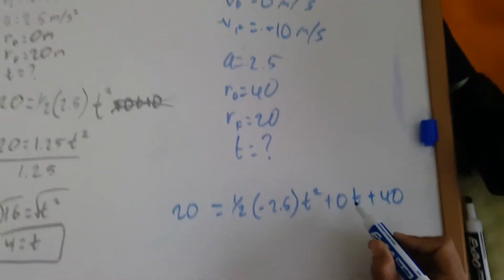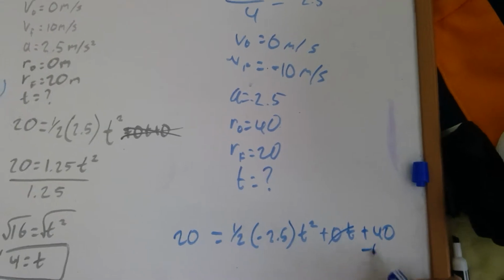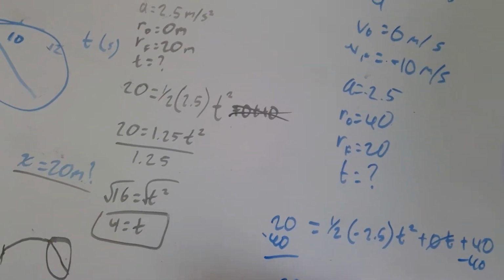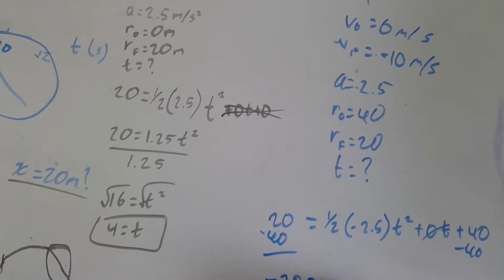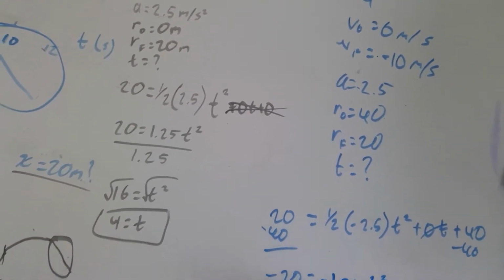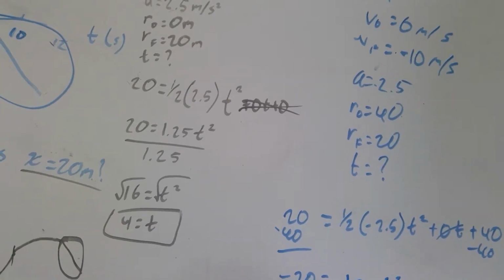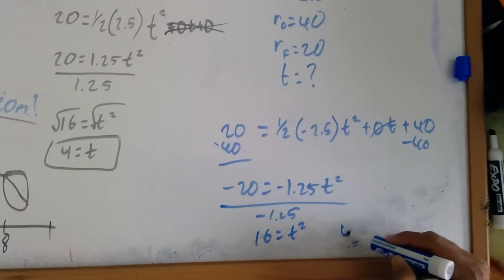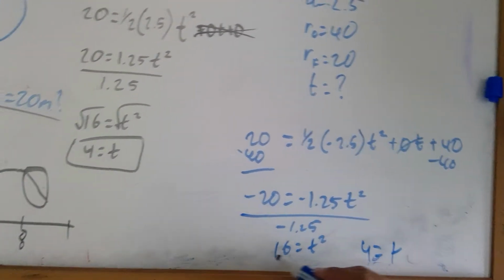Solving this, 0t is nothing, then we subtract 40 from both sides. That's -20 is equivalent to -1.25 t squared. Divide that by -1.25, we get 16 equals t squared. That's an easy square to solve. It's just 4 would be equal to t.